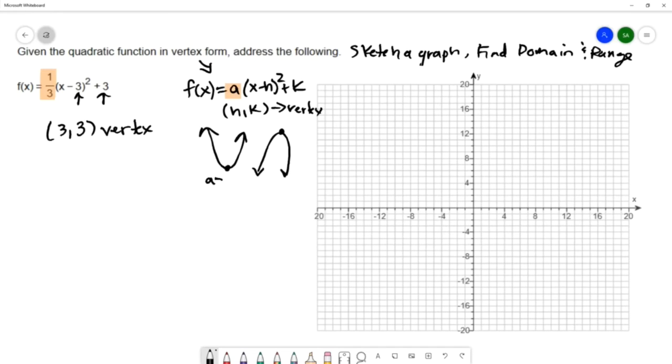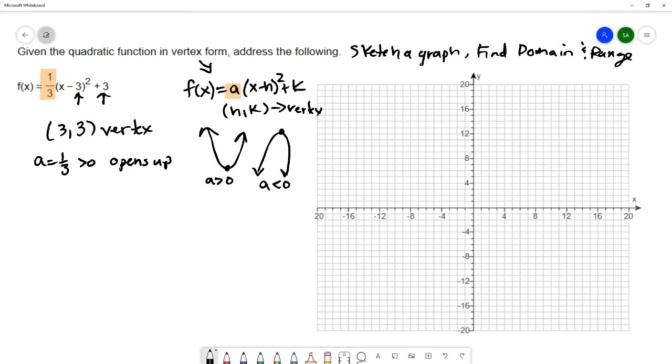Whenever a is greater than 0, we have an up-facing parabola. And when a is less than 0, we have a down-facing parabola. So our a is 1/3, and because that is greater than 0, or positive, we know that our parabola opens up.